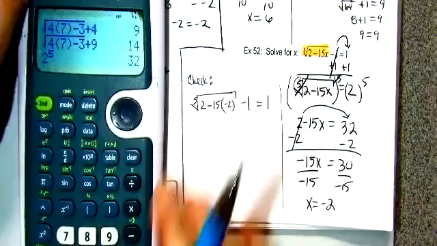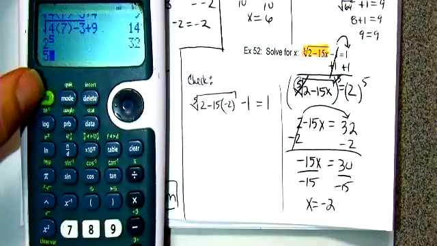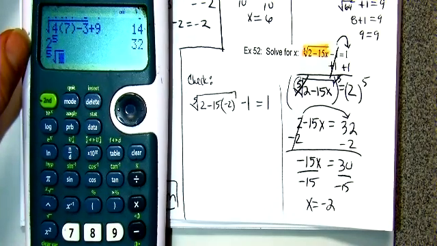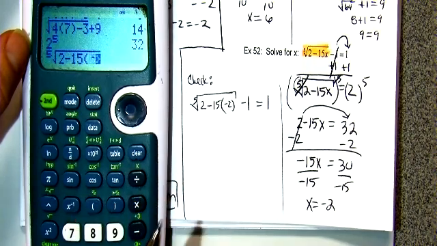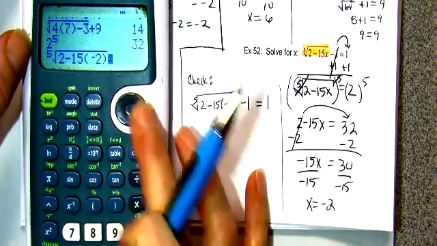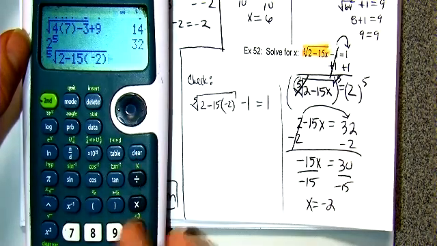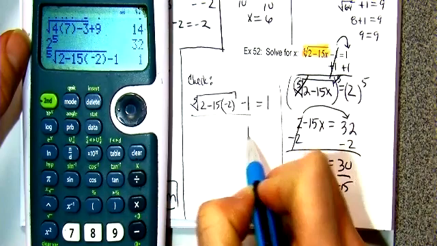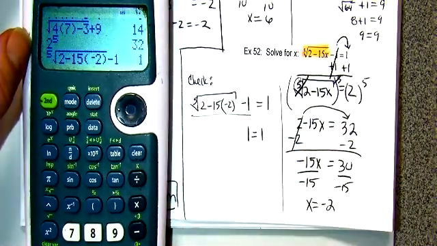Since this is a fifth root, we have to type in 5 first, hit second and the x square root button, and it pulls it up as the fifth root. Type in 2 minus 15 times a negative 2, and then make sure you arrow out from underneath the radical and type in minus 1. And so when the calculator calculated all of that, it equaled 1.